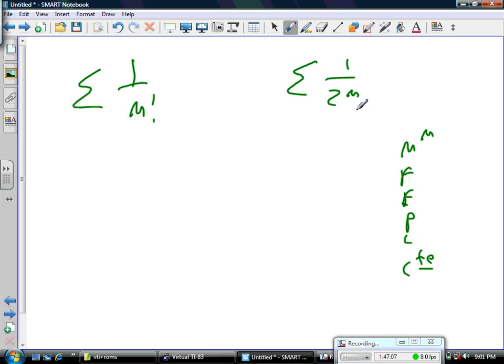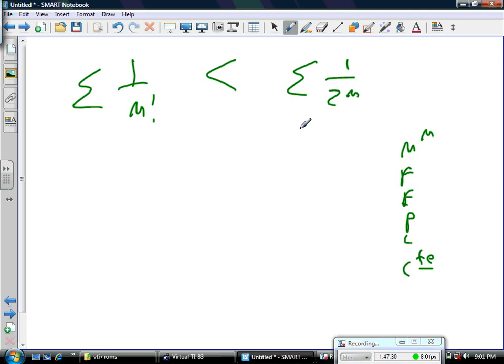If the denominator is smaller, the fraction is bigger. This is the larger guy. This is smaller. So it converges by comparison test compared to a what? Geometric series with r is a half.